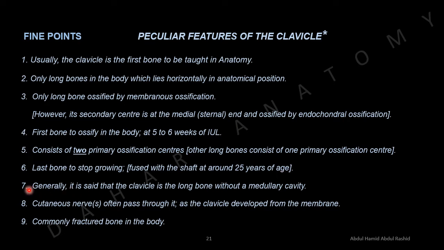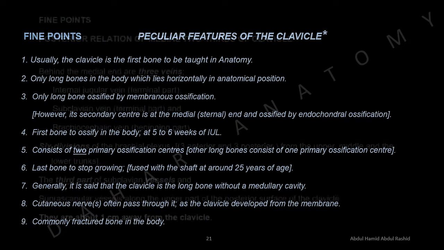Generally, it is said that the clavicle is the long bone without a medullary cavity. Cutaneous nerves often pass through the clavicle, as the clavicle develops from the membrane. Lastly, it is the commonly fractured bone in the body.